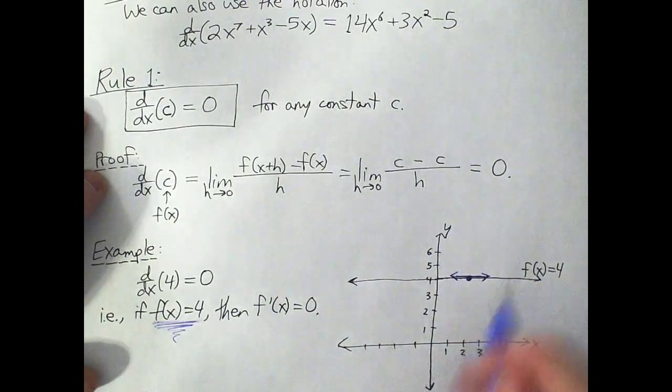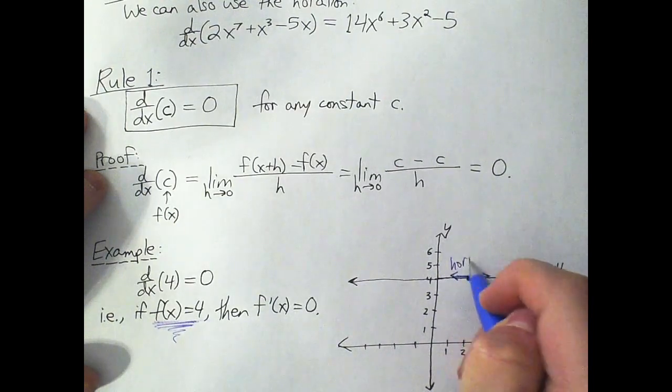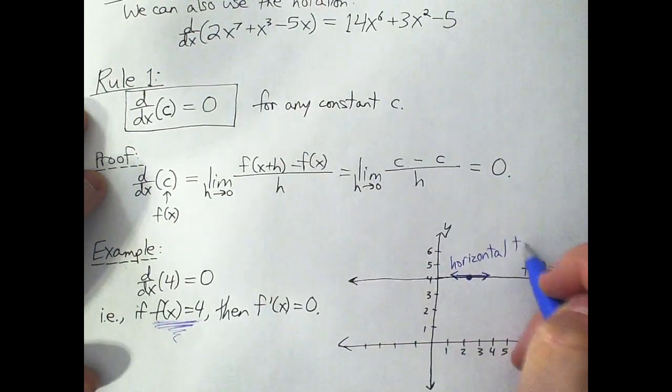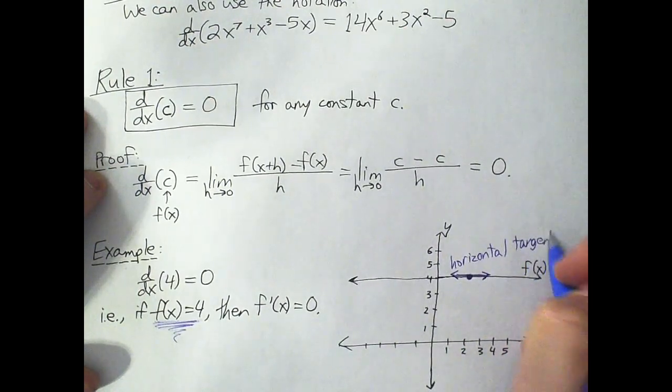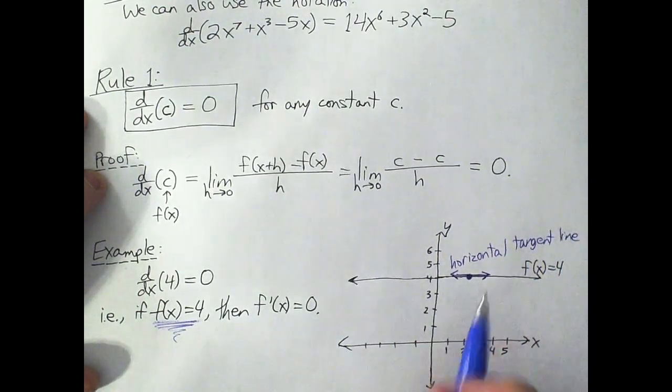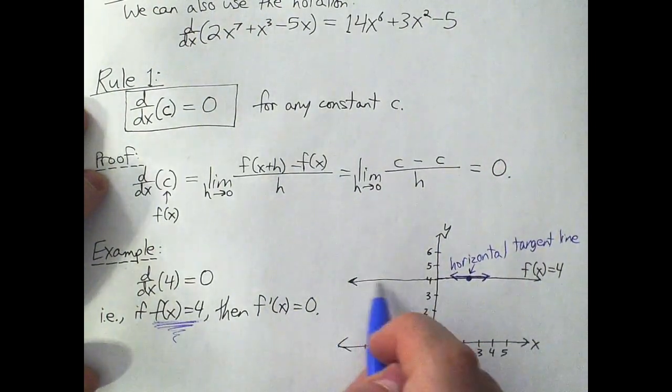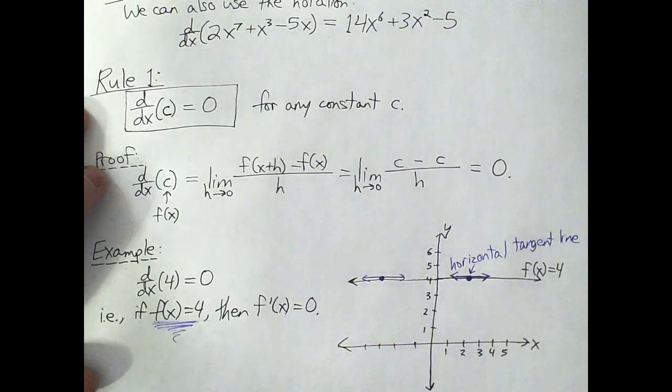So, horizontal tangent line. Right there. Horizontal tangent line. What if I looked at a different part of the function? What if I looked over here? Same thing. Horizontal tangent line.